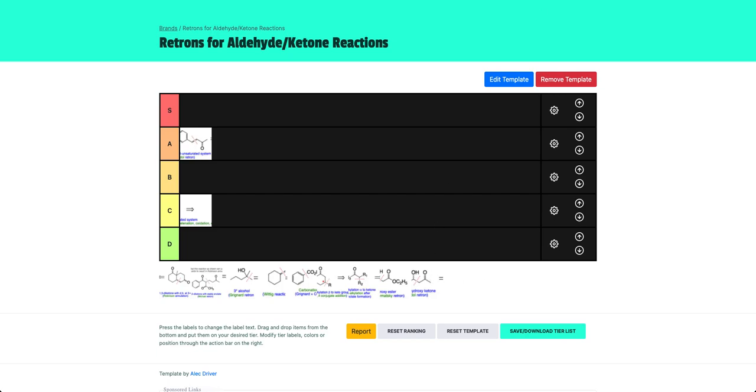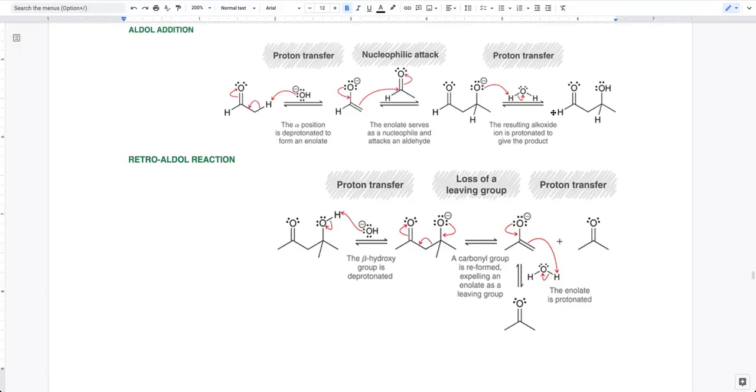Now, we're back to the aldol reaction. It's just an aldol addition, which we have up here. There's also the reverse or retroaldol, which gives back the ketone or aldehyde. And essentially up here is your aldol addition, which we saw earlier, which creates this molecule.